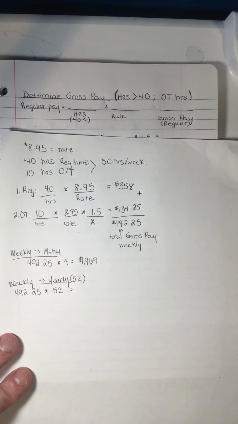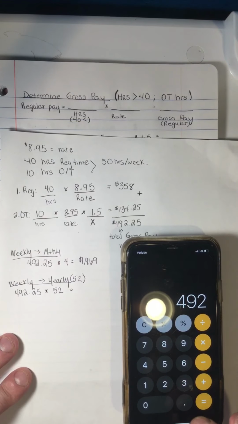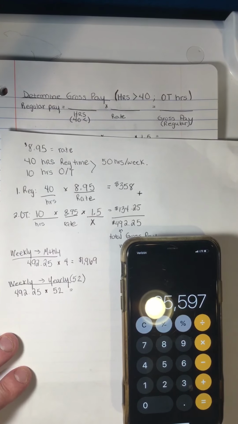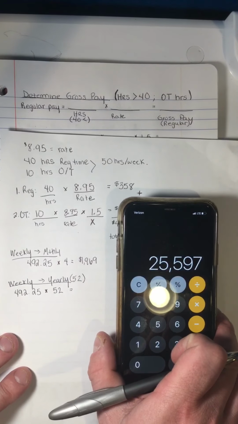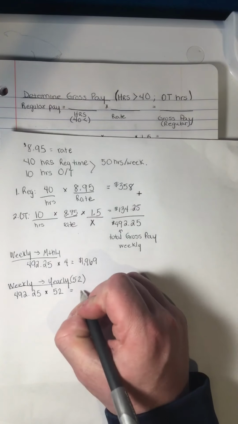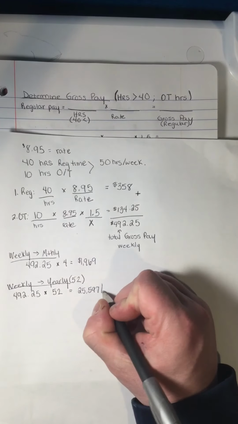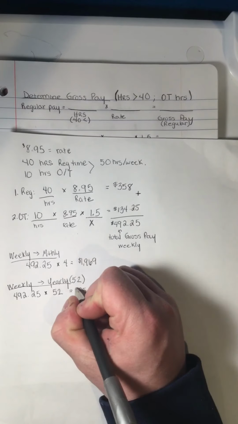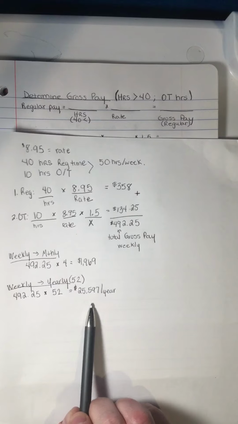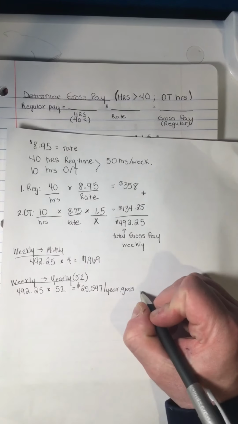Multiply those out. And for the year, you will have earned $25,597. Okay, so this is your yearly gross wages.